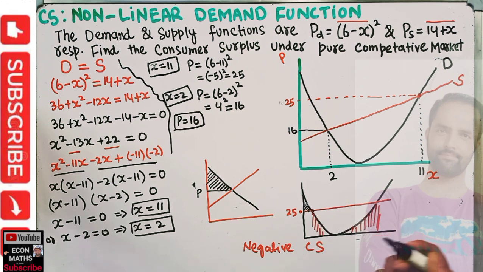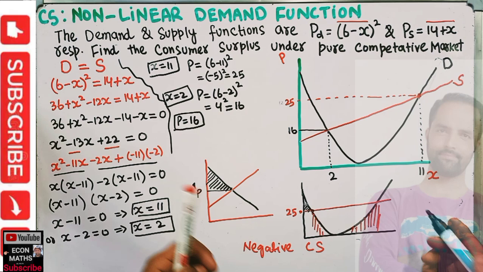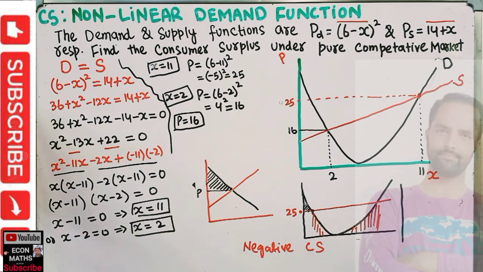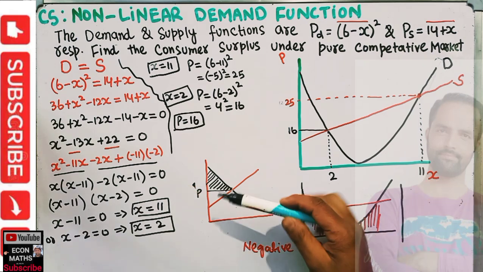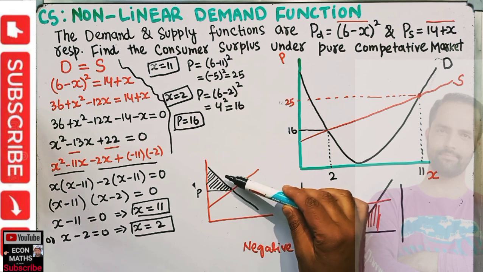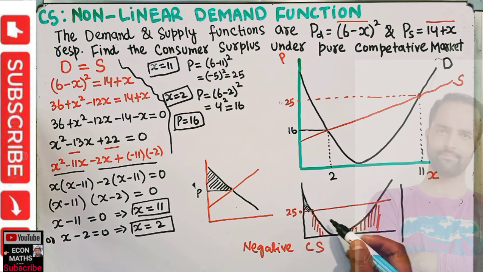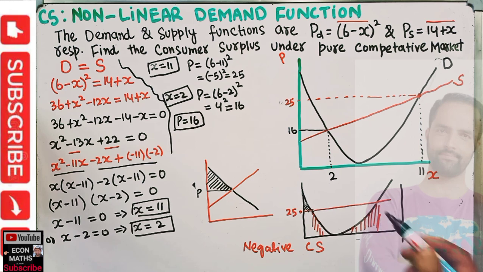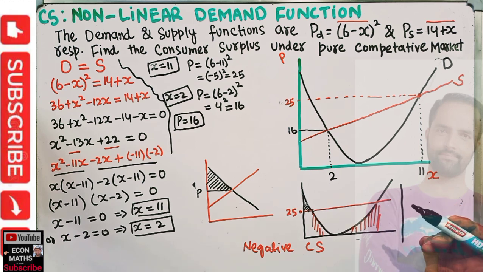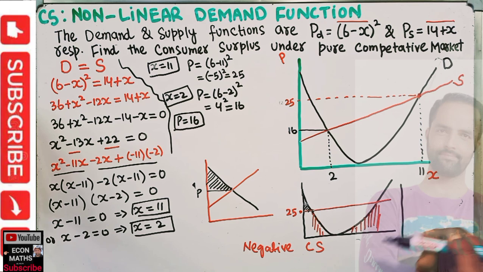How can you interpret it in simple words? As I have told you, consumer surplus lies above the equilibrium price and below the demand curve. But here, after this point, our demand curve is below the equilibrium price. That means simply that willingness to pay is less than the price that is actually being paid.